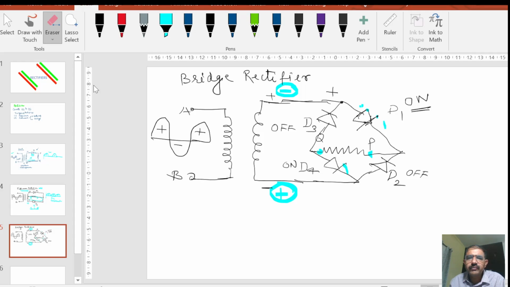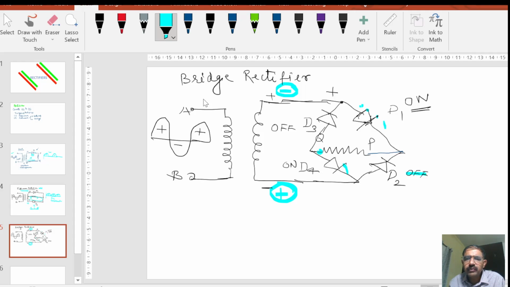So what will be the direction of current? I will make it complete. When this end becomes positive and this end becomes negative, then diode D2 will be on.